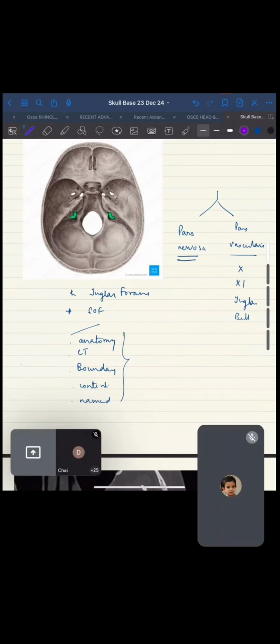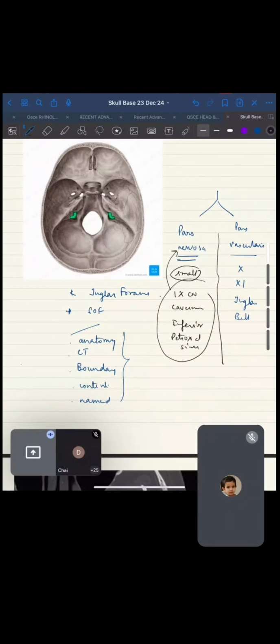But this poor nervous guy, since he is a small fellow, what all does it contain? It contains the 9th cranial nerve, the inferior petrosal sinus. Because of all these things, this is getting nervous. So please remember what is there in nervosa, what is there in vascularis. This is as per Scott Brown.